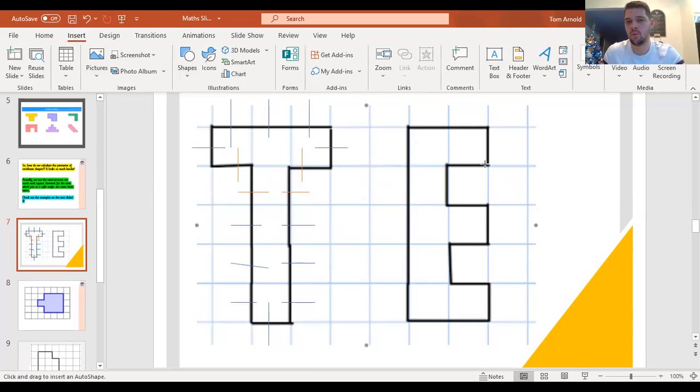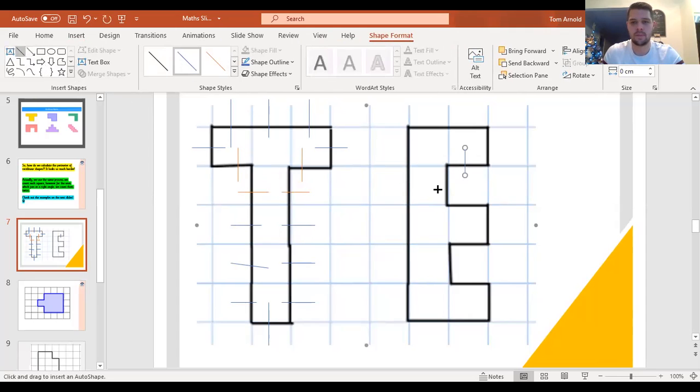However, I have 1, 2, 3 different measurements, different lengths that I need to take there. So I'm going to put 1, 2, 3. Let's highlight those again.